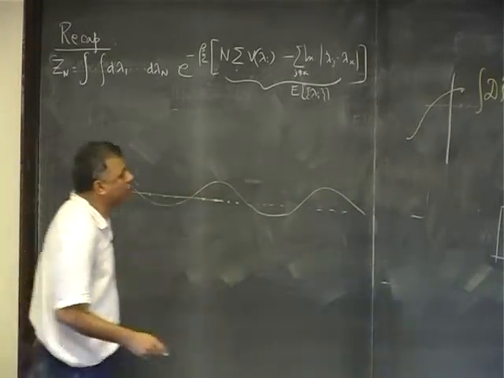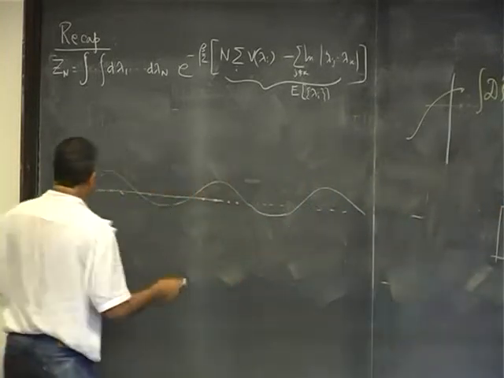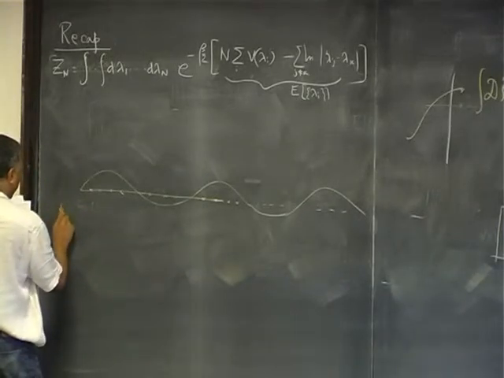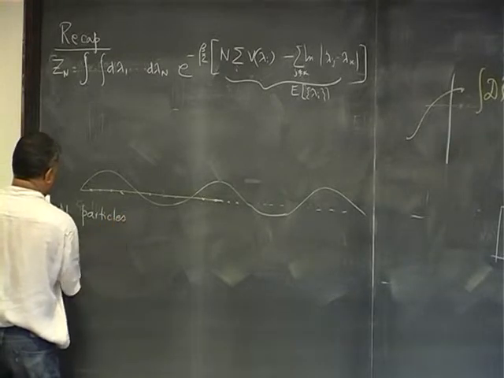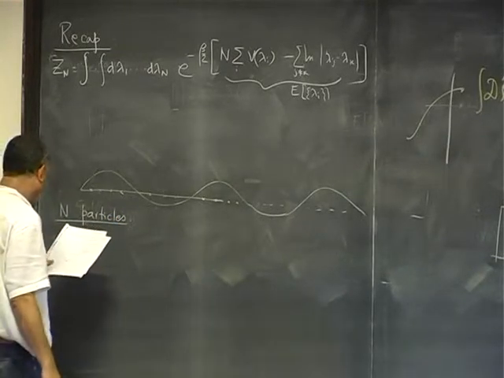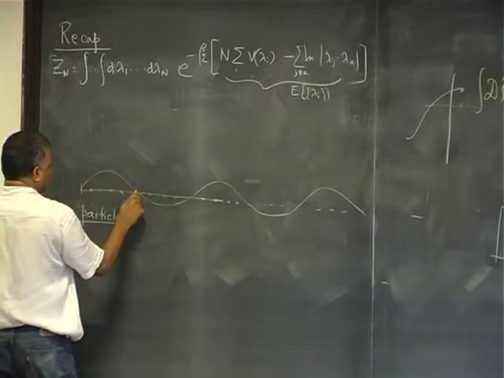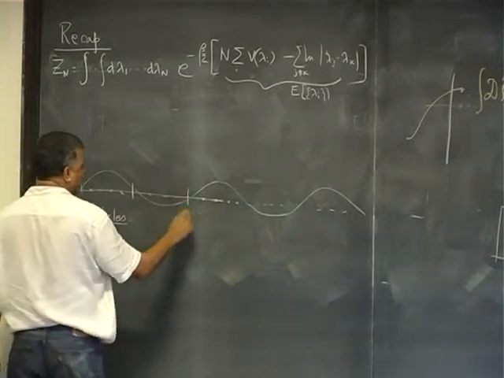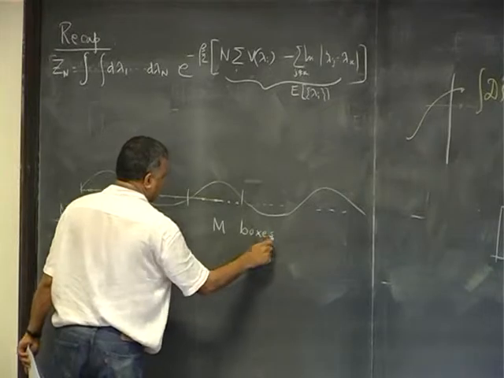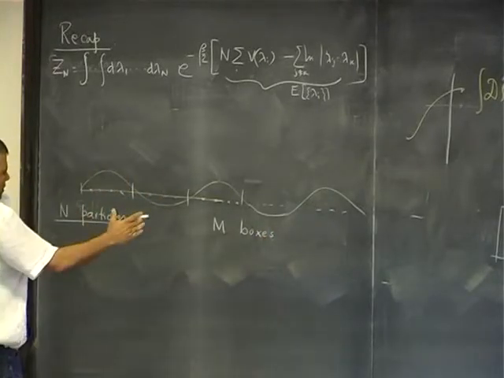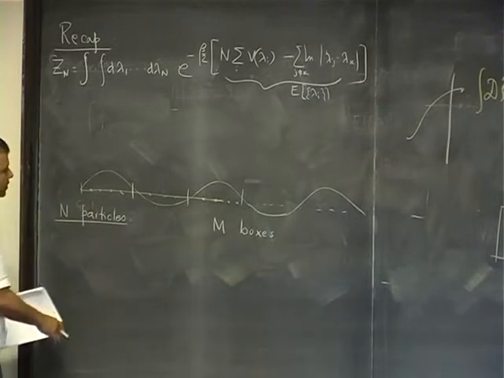So what's the simplest way to evaluate this integral here, the entropy term? The idea is the following. Imagine a very simple calculation. Imagine that you have n particles. You separate your system into m boxes, and you have to put n particles in m boxes.